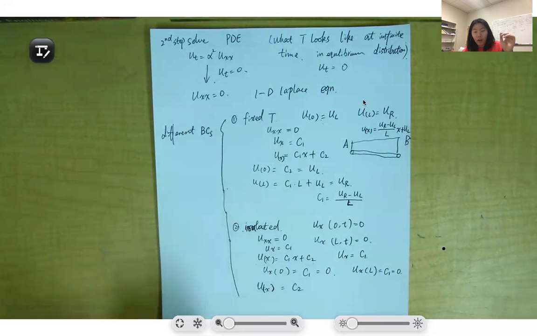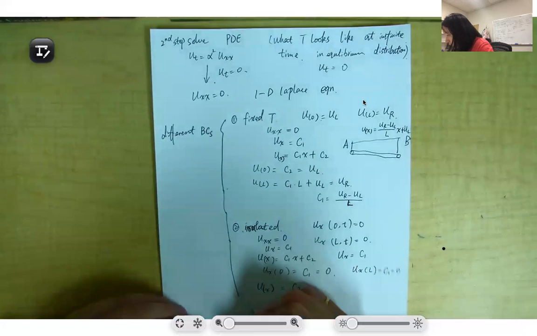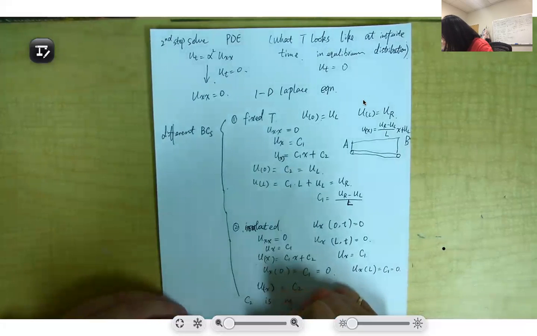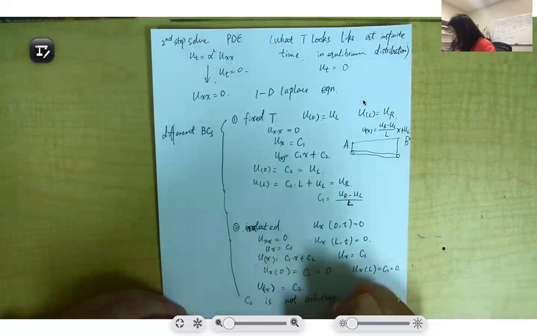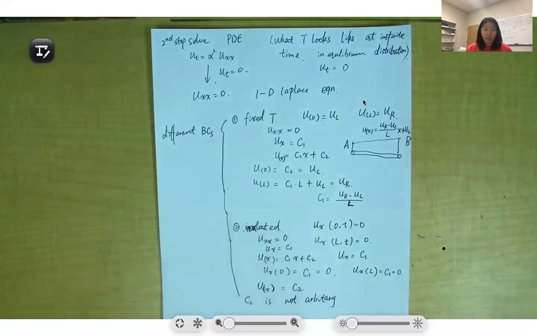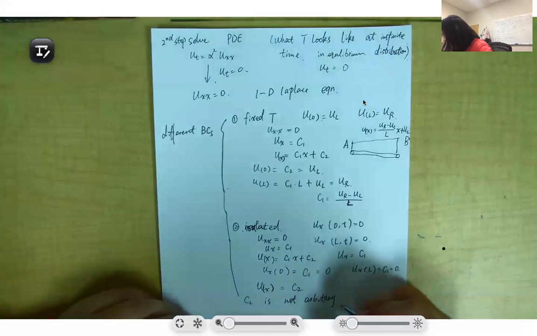Then the temperature inside the rod should just be distributed evenly in the end as time goes to infinity. And C2 is not arbitrary. It really depends on the temperature at the initial point and the final point, averaging out those temperatures.